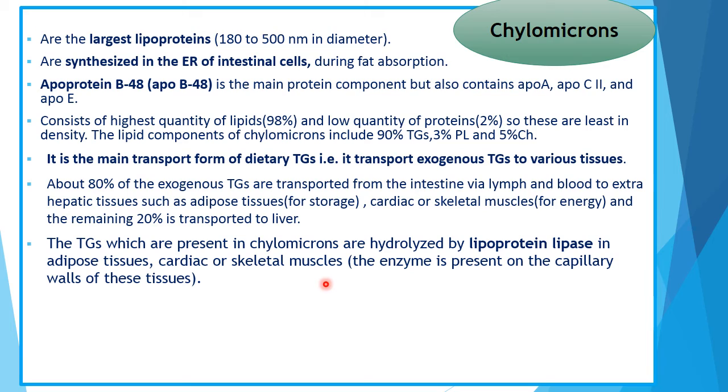The TG present in chylomicron is hydrolyzed by lipoprotein lipase. In adipose tissue, cardiac and skeletal muscles, this enzyme is present on the capillary walls of these tissues.